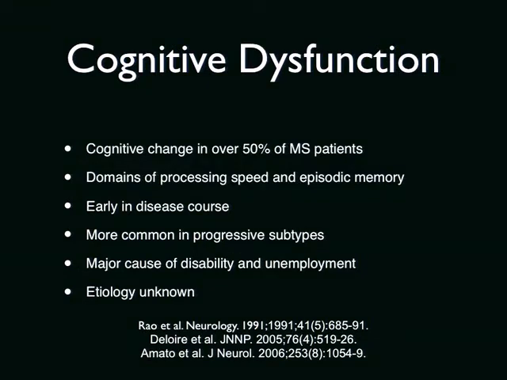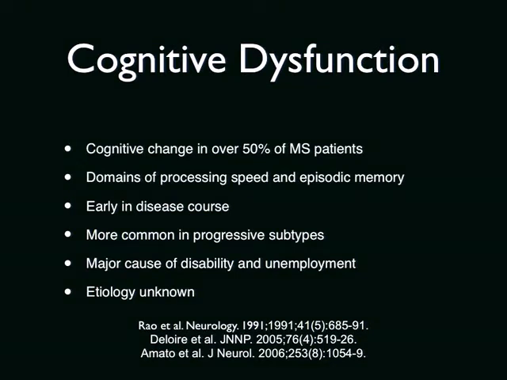The reason that it's so important is that while this in some cases may be mild, in other cases cognitive dysfunction can have a major impact on quality of life and employment for patients.